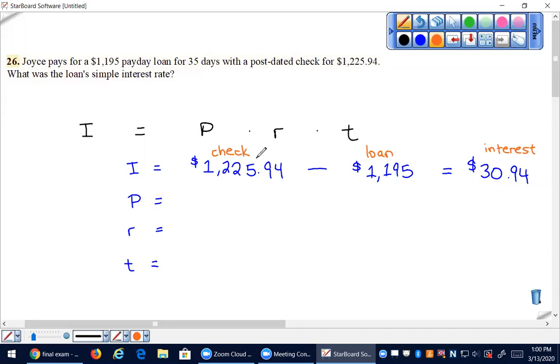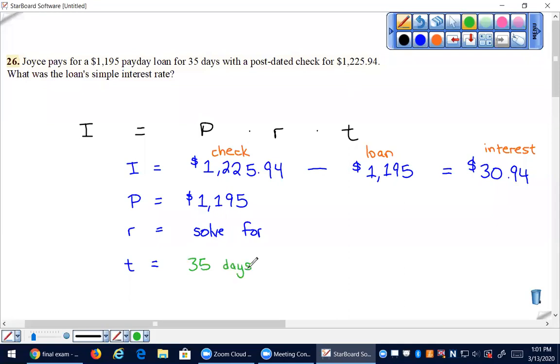That's the trickiest part, but there's a little bit more. So what was the principal? That was the 1,195. That's how much the loan itself was. The rate is what we're solving for. And the time is 35 days, but we don't want days. Simple interest has to work with years.